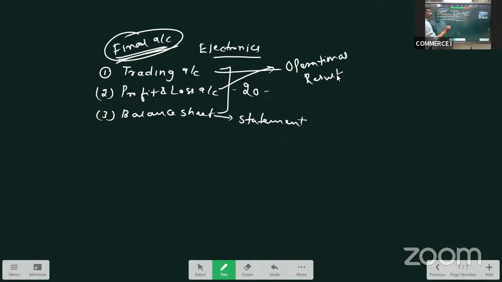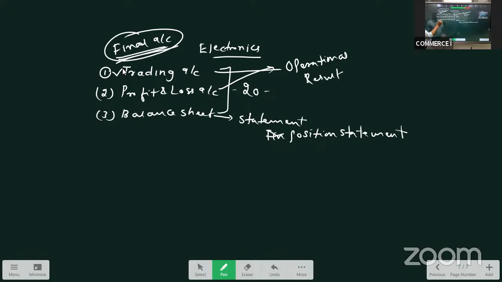And the balance sheet we prepare to know the position, so we call this a position statement. Well, let us not get so deep into that. Simply understand, for you, final accounts is learned in 3 steps: trading account, profit and loss account, and balance sheet.